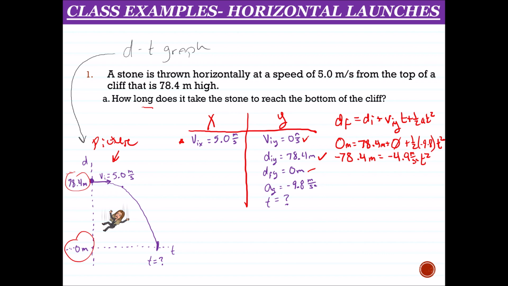Negative 78.4 divided by negative 9.8 gives me 8. Meters divided by meters per second squared gives me seconds squared. Okay, now you need to take the square root of both sides. And I get 2.8 seconds.